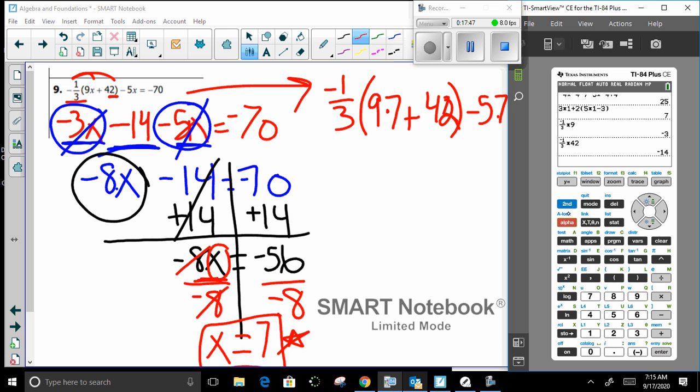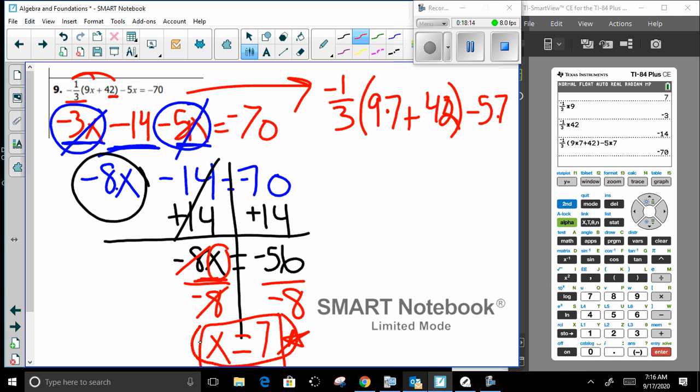All right, so alpha y equals -1, whoops, -1, down, 3, over, open parentheses, 9 times 7, plus 42, close parentheses, minus 5 times 7. My goal is to hope that equals -70, and it does. So I know that my answer of x equals 7, or my solution, is correct.